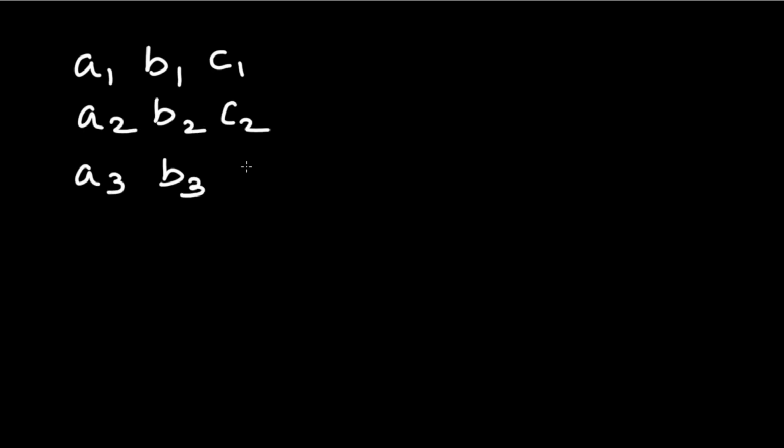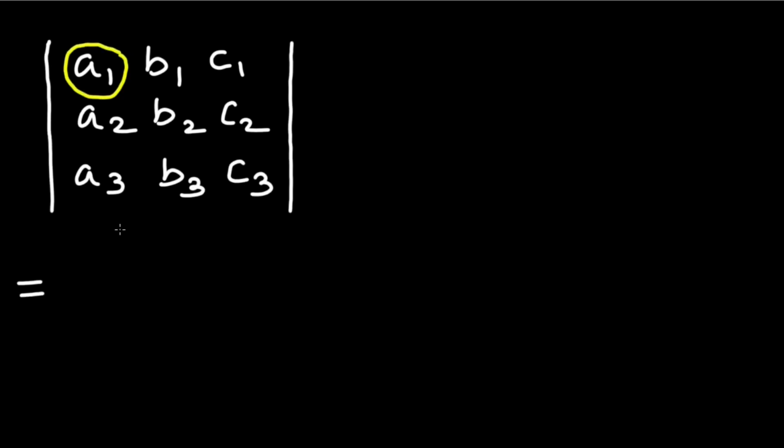Now we will understand how to evaluate a 3 by 3 determinant A1, B1, C1, A2, B2, C2, A3, B3, C3. First we will write the first element of the first row A1 multiplied by its minor, which is B2 C2 B3 C3.